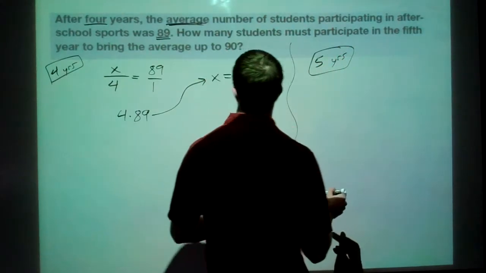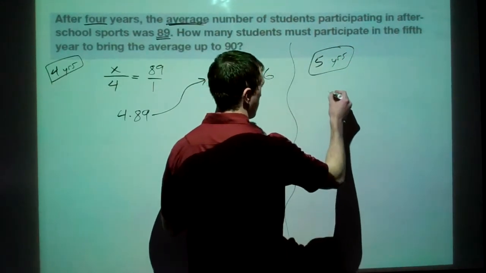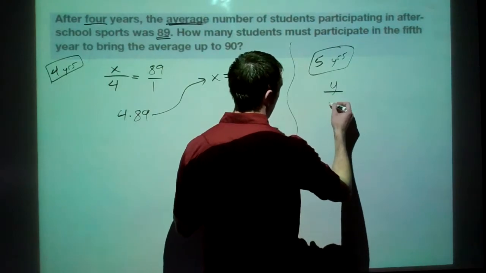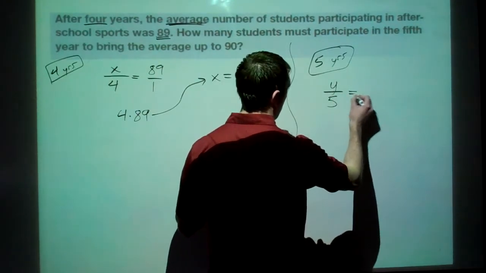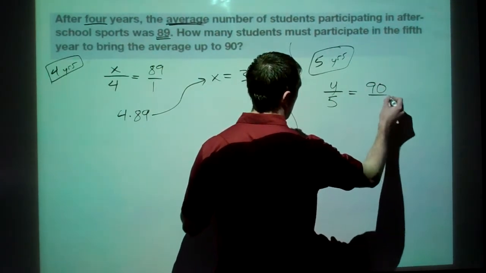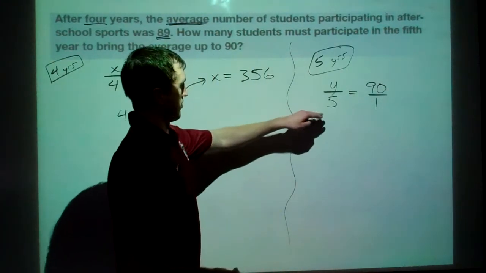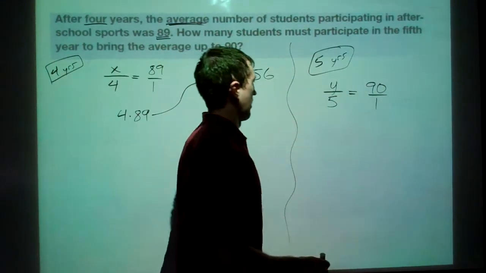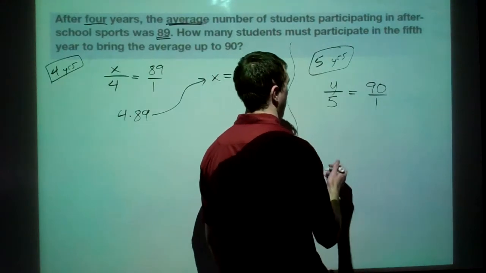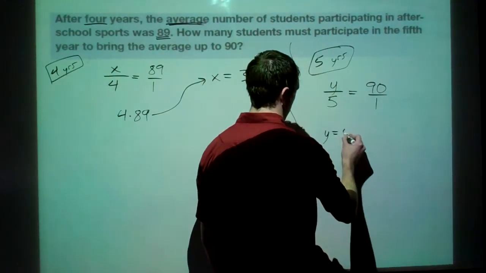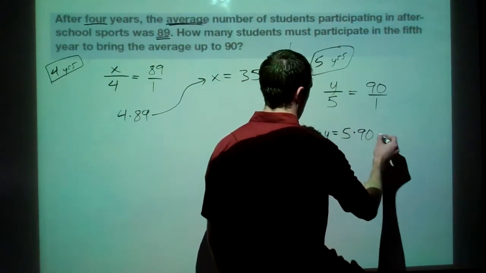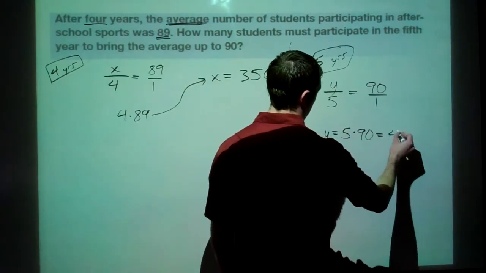Okay. So after 5 years, now we have a new sum. That one divided by 5, we get 90. Okay? So our sum here would be 5 times 90 when we cross multiply. So y equals 5 times 90, which equals 450.